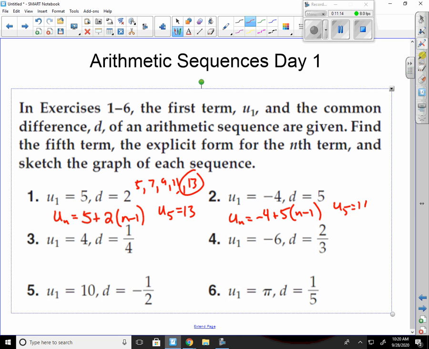So u sub 5 equals 16. U sub n equals u sub 1 plus common difference, 1/4 times n minus 1. Plug my 5 in to find u sub 5. 5 minus 1 is 4. 1/4 of 4 is 1. 4 plus 1 is 5.